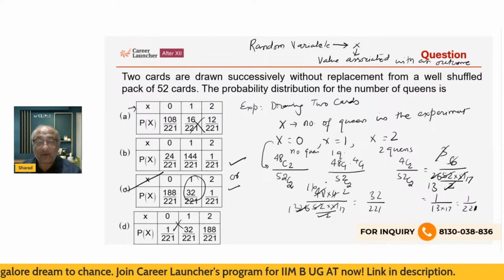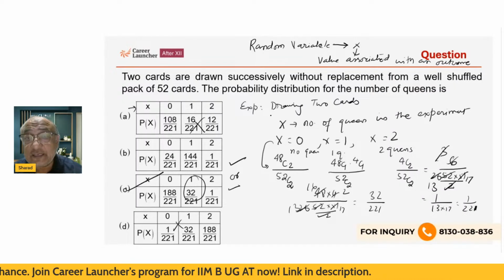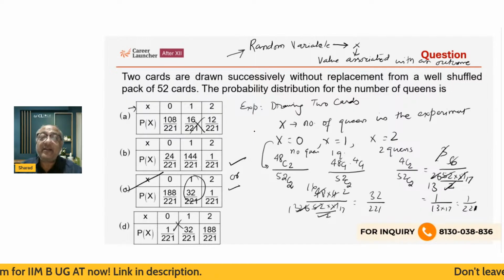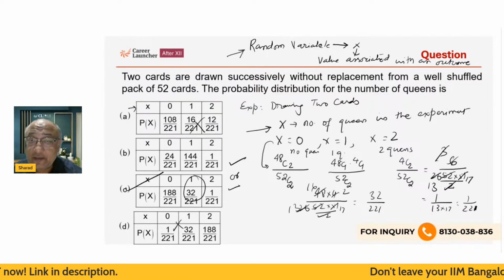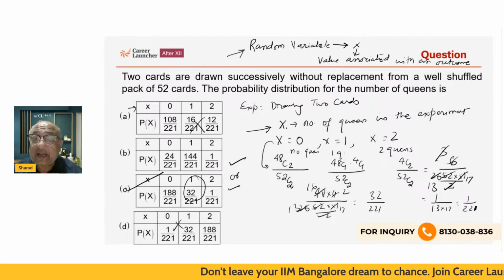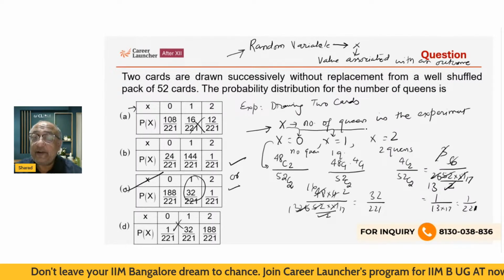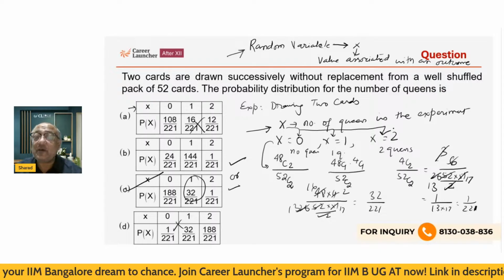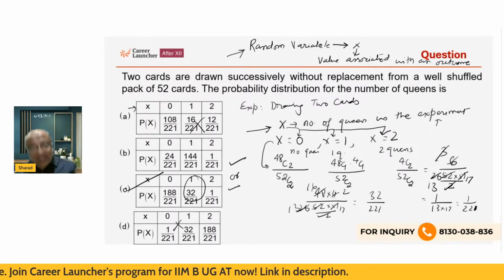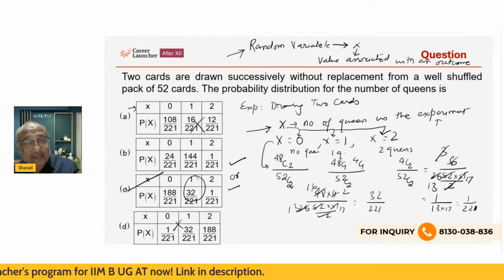So this is how you do the question. What is the concept? What is random variable? Random variable here is number of queens. These are having values based upon different types of outcomes of an experiment. That is what we have to understand. Let us see.